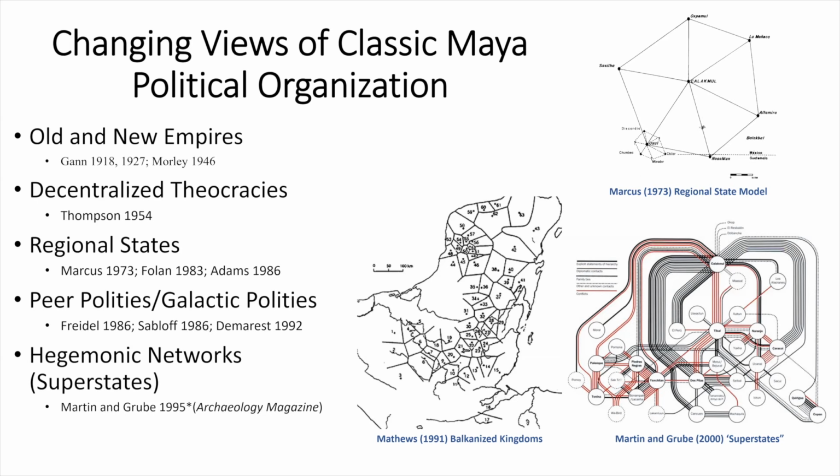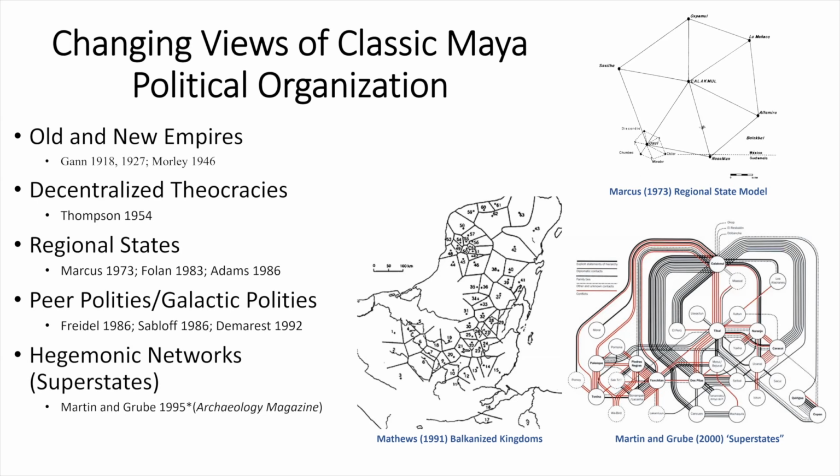In the 70s and 80s, we start to see more centralized theories about Maya political organization, and these ideas are coming out of archaeological projects at particularly large centers. I want to mention the work of Joyce Marcus and William Folan. They worked together and compared notes quite a bit.